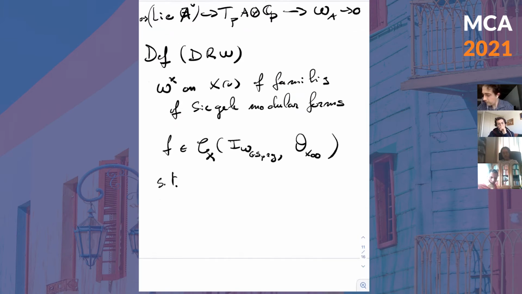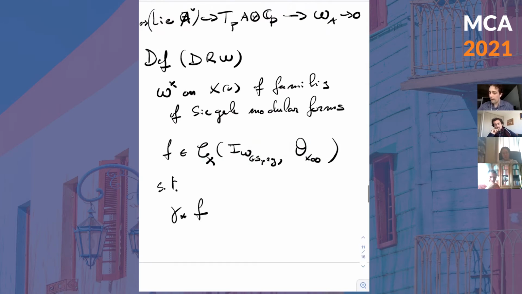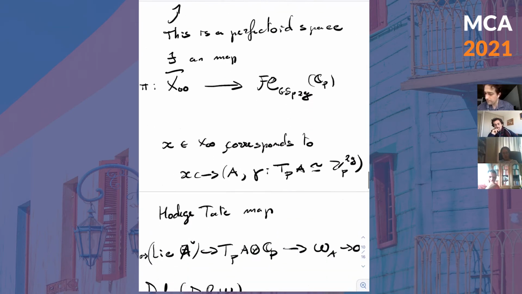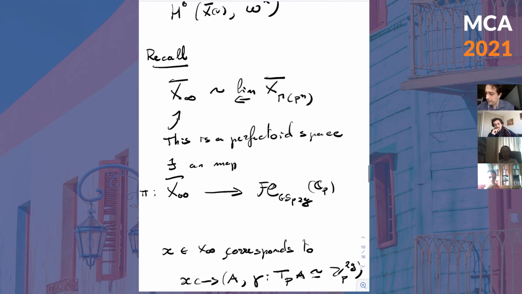I mean, somehow these are functions valued in O_X, a representation of this Iwahori valued in O_X-modules, where the action is given by kappa. And what happens exactly in this case? When I take the pullback by gamma of f, I didn't tell you, but I have a natural action here of GSp_{2g}(Z_p).